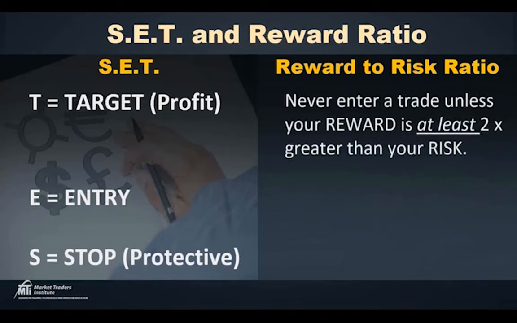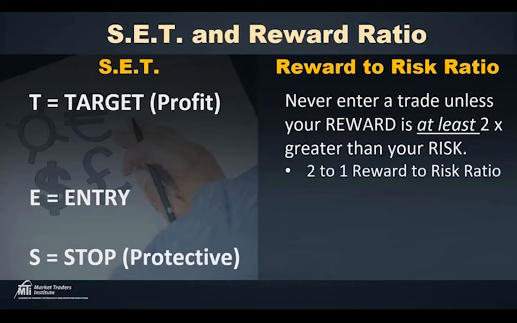Now, our philosophy, our strategy is you should never enter a trade unless your reward is at least 2 times greater than what you're risking. Okay, so we would call this a 2-to-1 reward to risk ratio. Now, you can find 3-to-1, you can find 4-to-1. There are even greater than that. I've entered trades where it's a 10-to-1 reward to risk ratio.